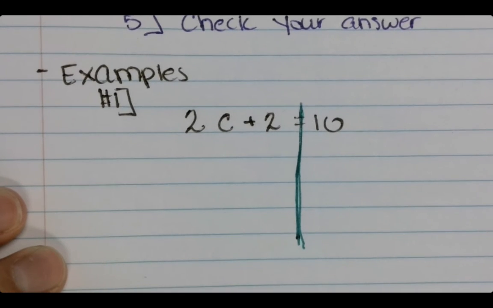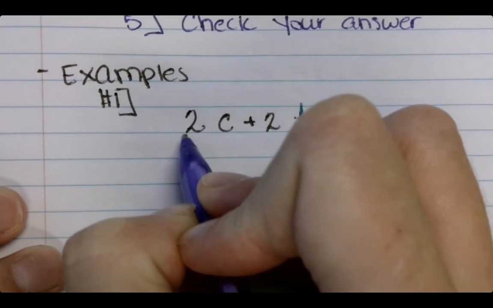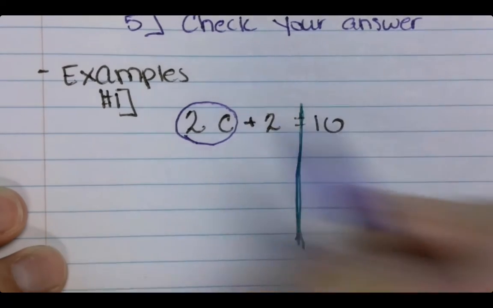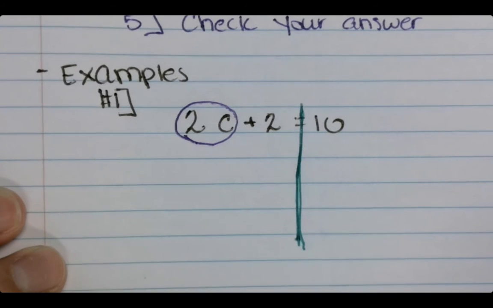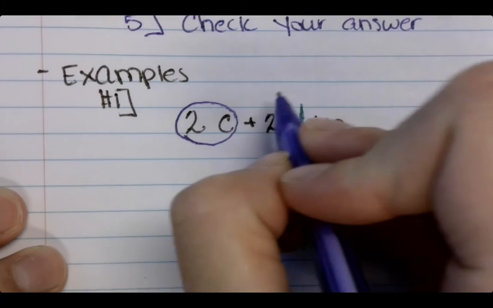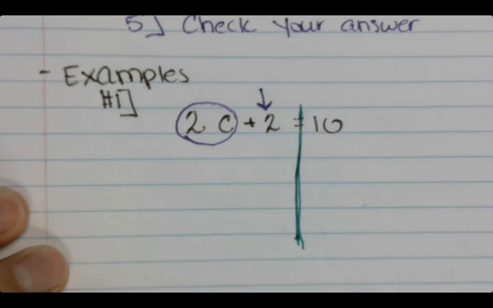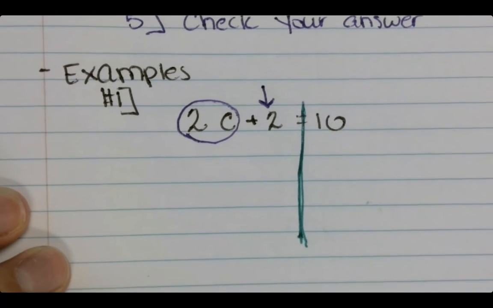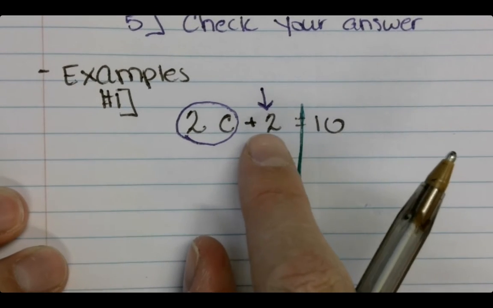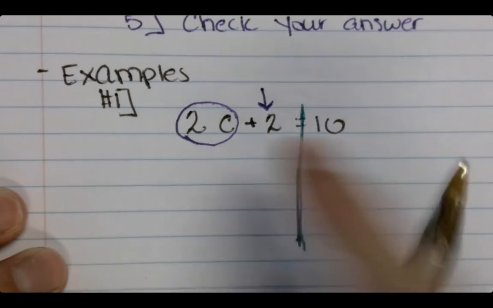So, I'm going to circle my term with my variable. The number that is on the same side that's not in that term is my 2. So I need to do the opposite. What is the opposite of plus 2?